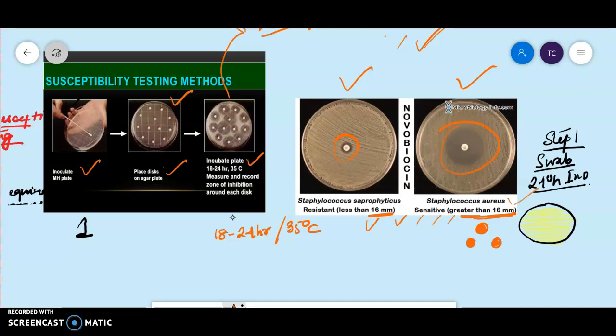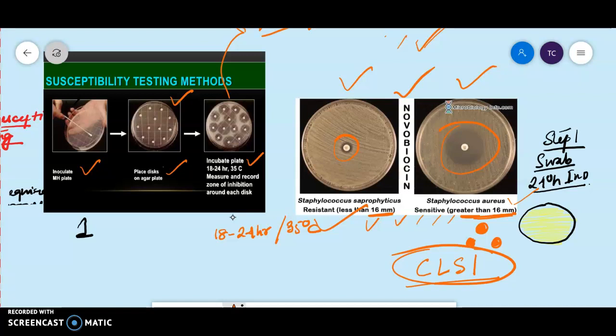So what does it mean? Staphylococcus aureus is sensitive to the particular antibiotic, novobiocin, whereas Staphylococcus saprophyticus is resistant to it. Now the question is: what is your standard MIC, and from where? How will you compare it with that standard MIC? For that, we have rules given by the CLSI guidelines, Clinical and Laboratory Standards Institute, which tell you the standard MIC and how your MIC varies.